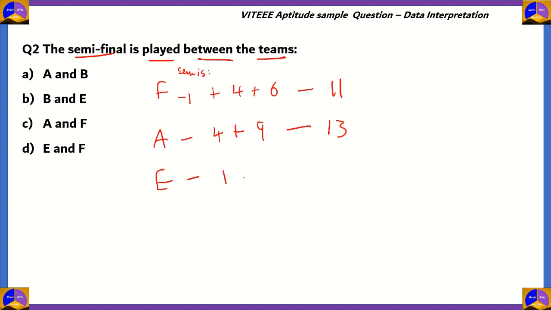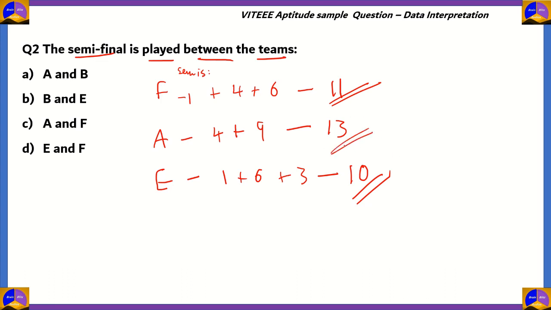So therefore, they have 1 loss, and then 1 from the loss, 6 from the draws, and 3 from the wins. So therefore, their score will be 10. So Team E has 10 points, Team F has 11 points, Team A has 13 points.